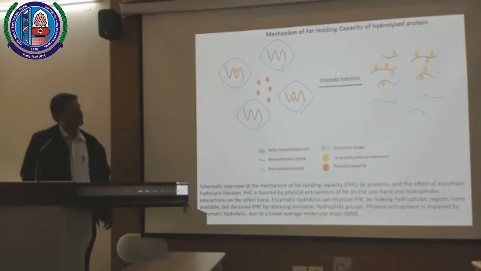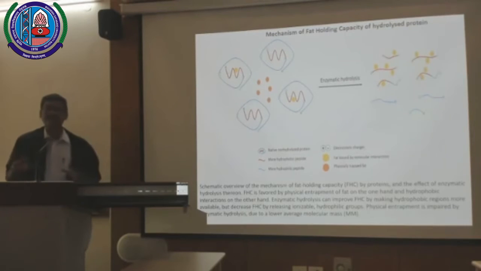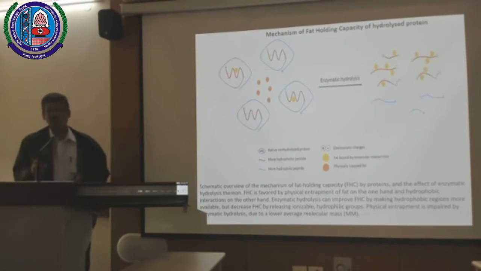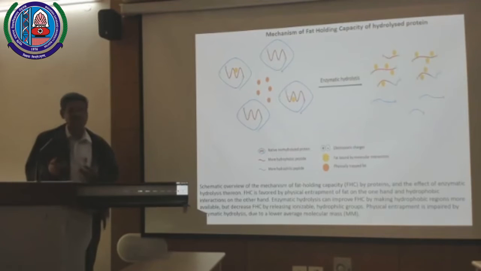So another is the mechanism of fat holding capacity of hydrolyzed proteins. So fat binding, fat holding, emulsification, gelation, aggregation, these are the basic terminology I will be using because in food, these are normally used everywhere.